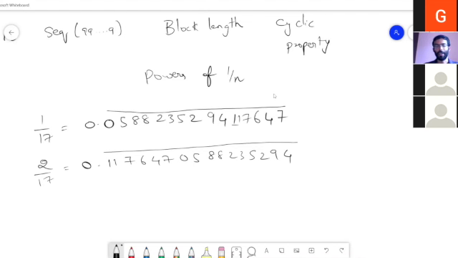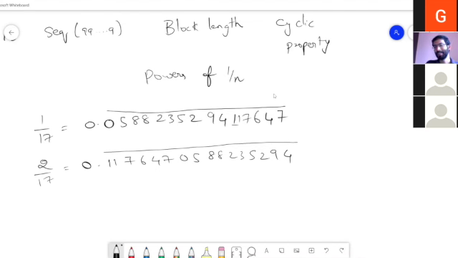Okay, true, fine. Is there any relation between where it starts and the number? Like last time I had said. There is actually a relationship, as in that 142857 there is a relationship.